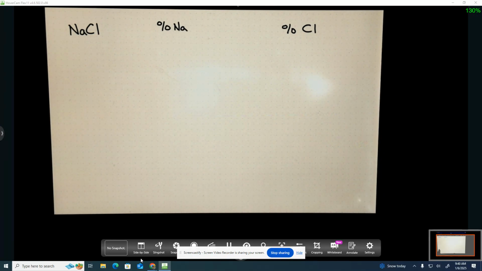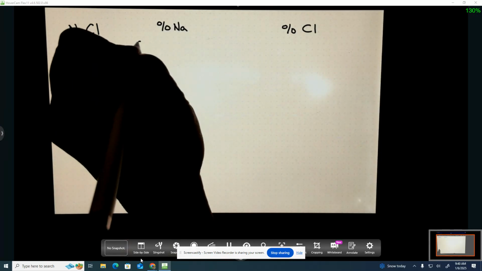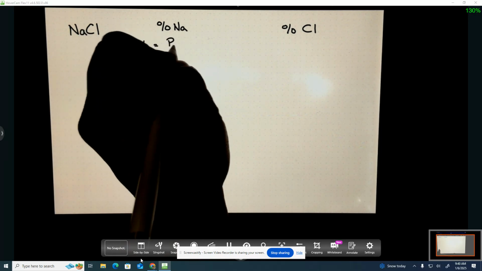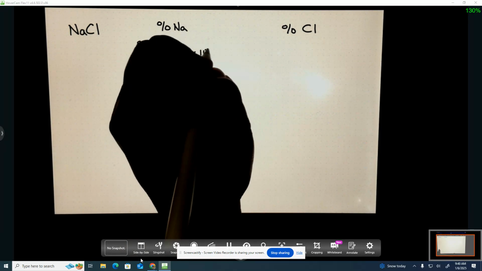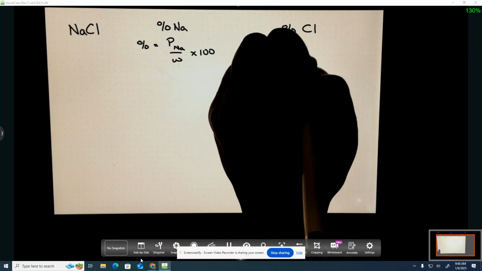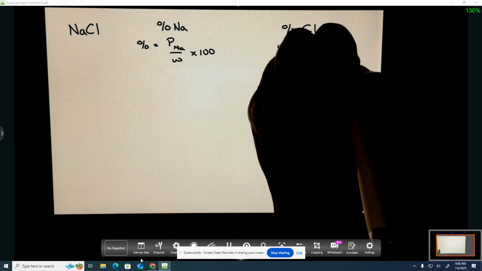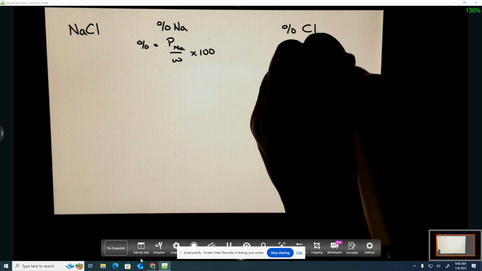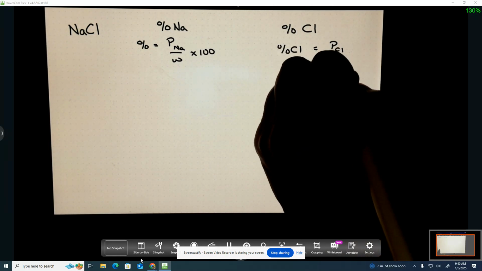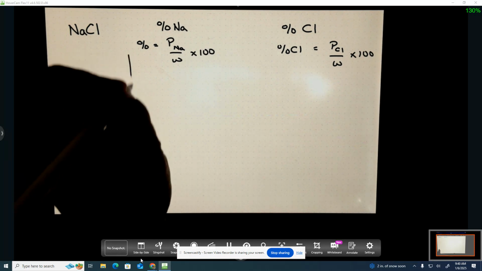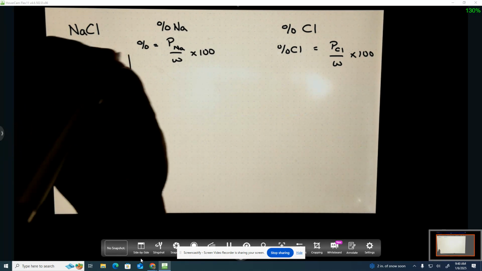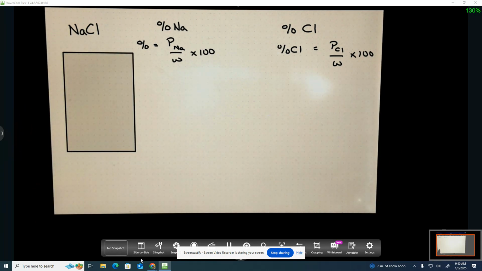So in order to find percent of something, we're going to take the part of that thing divided by the whole times 100. The percent is the part that is chlorine over the whole times 100. Do your gram formula mass over here, so that you have all the bits and pieces that you need.